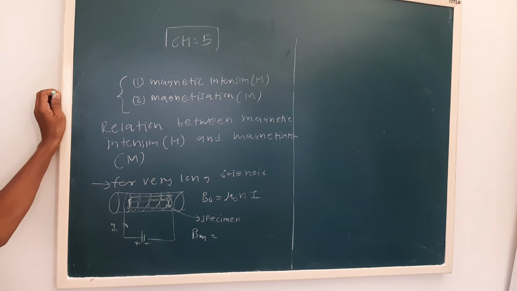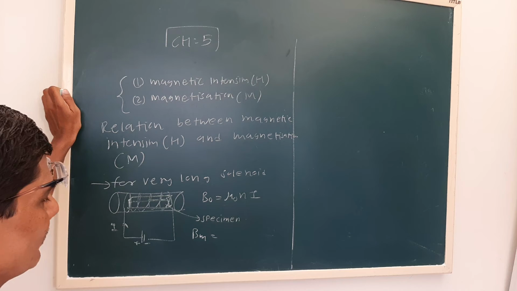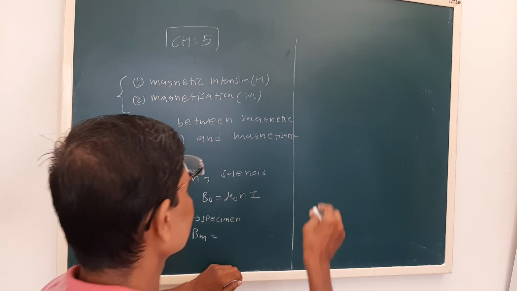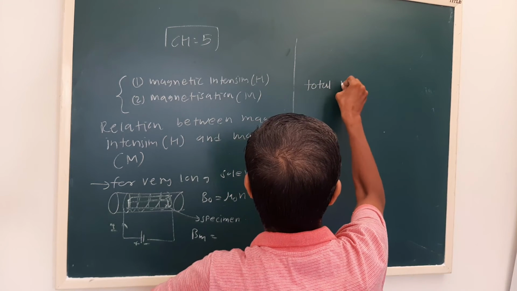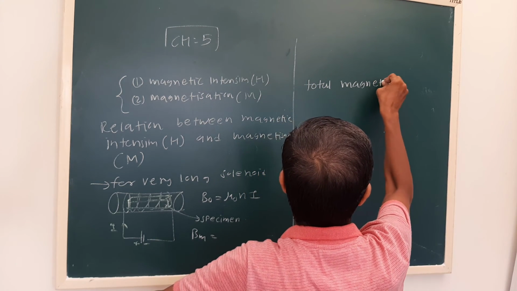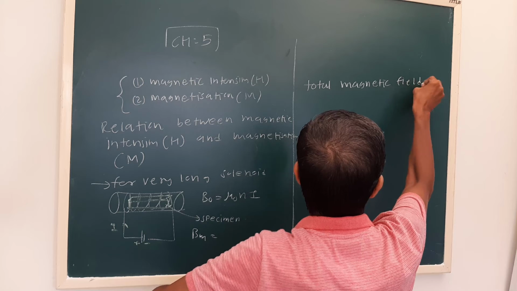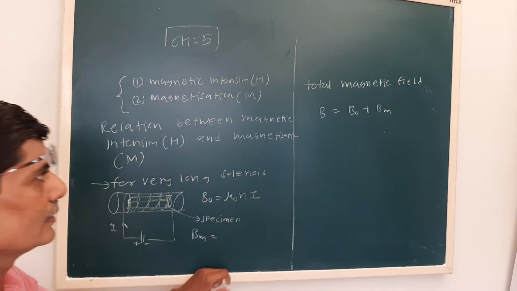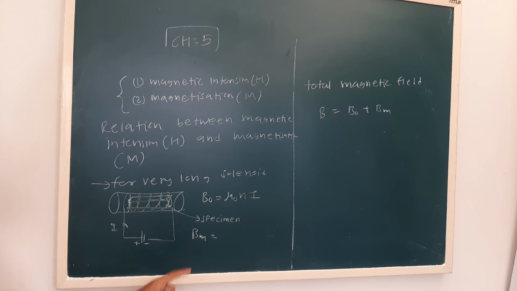These two will be in such a way that they add to each other. So the total magnetic field B is equal to B0 plus Bm. That is the additional magnetic field produced because of the presence of this.